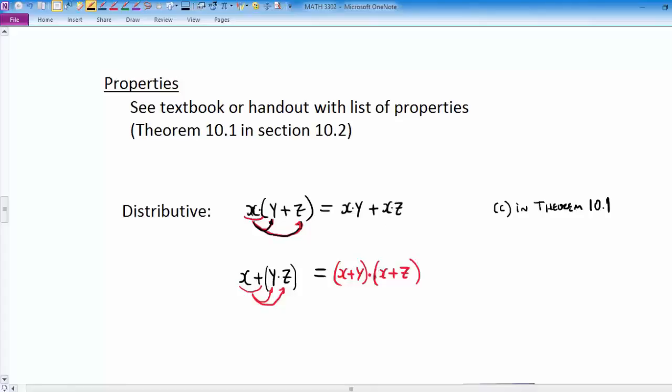Now there is a second distributive property that is also true, but it's not true for our regular arithmetic, where we distribute the sum into a multiplication. Here we distribute x plus into y times z, and we get this expression.